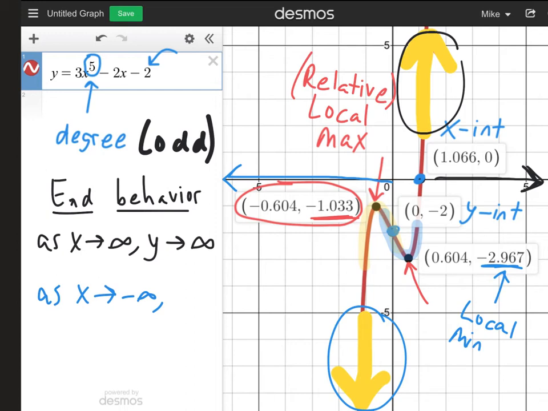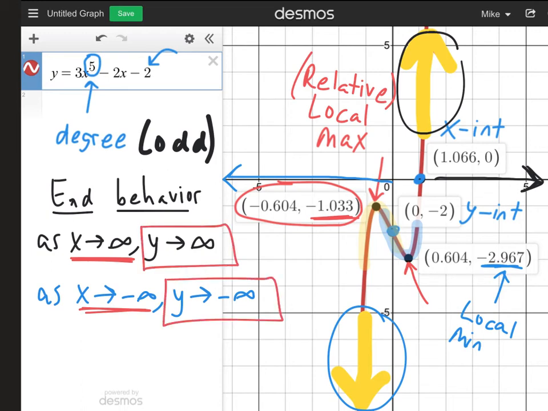In this example, the y values are going to negative infinity as well. So that's how end behavior works. You're always going to have these two statements. You write what the y values are doing: one statement as x goes to infinity and a separate statement as x goes to negative infinity.